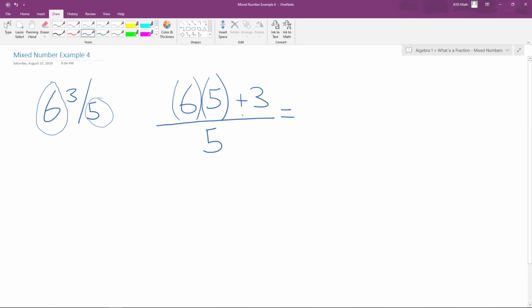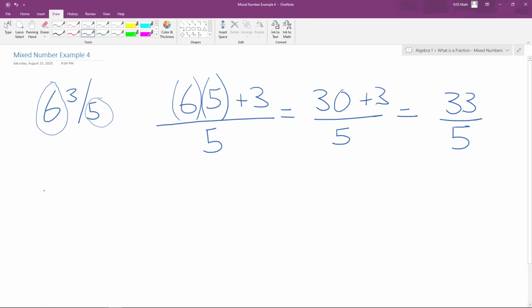So this becomes 6 times 5 is 30, plus 3 over 5, which your final answer is 33 over 5. And that's what we started with in the last screen.